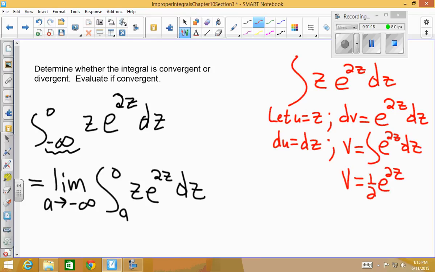And now we're ready to set up the integration by parts. So that integral would be u times v, so 1/2 times z e to the 2z, minus the integral of v, which is 1/2 e to the 2z, du, which is the same as dz.